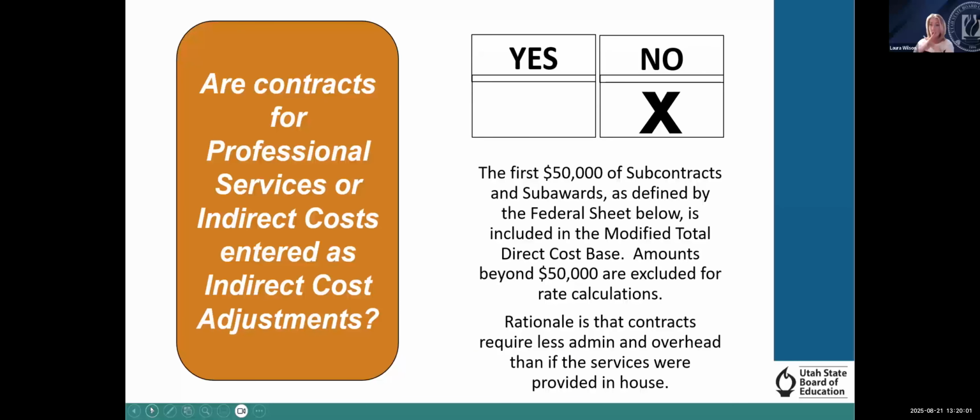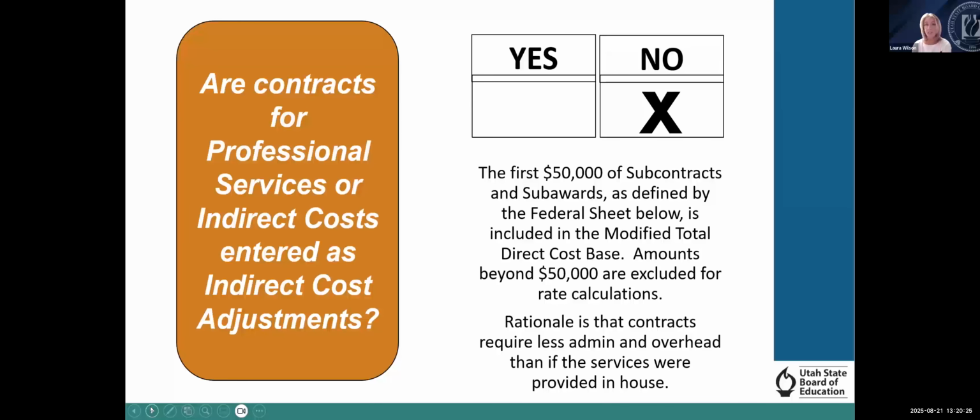The answer is no. Also, it is important to realize that for the contracts you enter in that tab, the subcontracts and subawards, the first $50,000 of that contract will be put in the denominator of our formula.